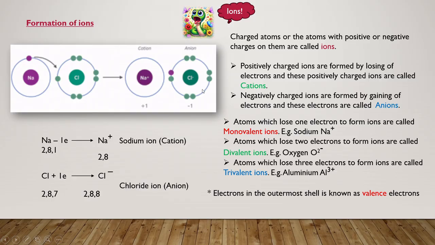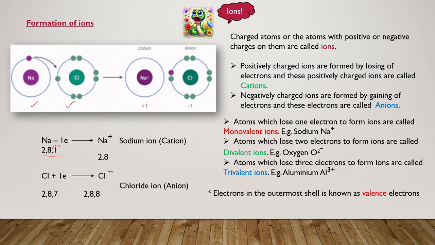Okay, now I have shown here the formation of sodium chloride. Sodium chloride is formed when a sodium atom reacts with a chlorine atom. Now look here, sodium has an electronic configuration of 2, 8, 1.